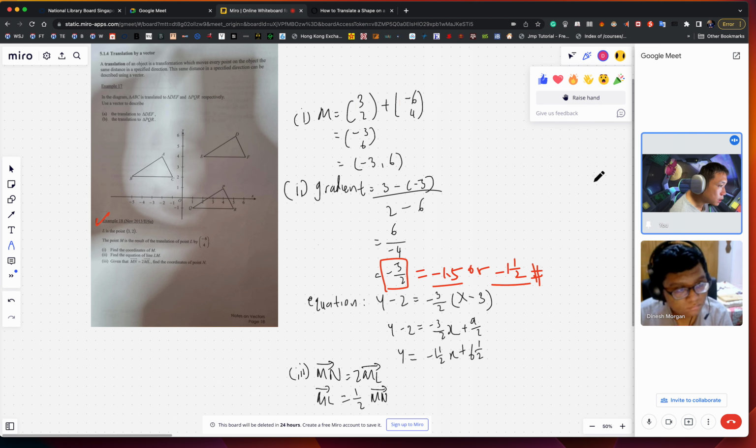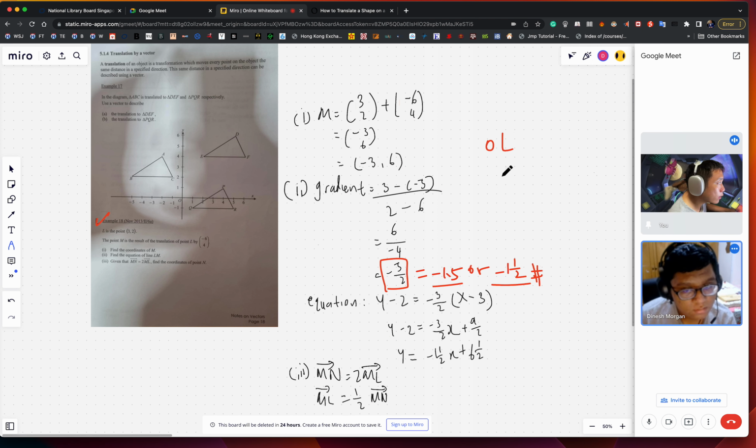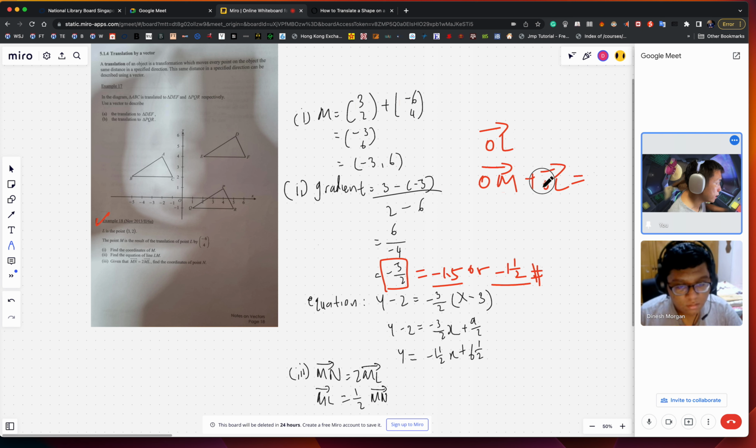Oh, okay. 2 ML. Do you have ML? No, but I have L and M. Actually you have OL and OM already. So in a way you can have OM, then you get OL, right? So your OL is (3, 2).